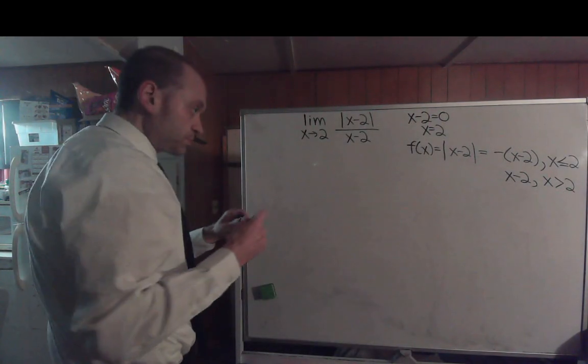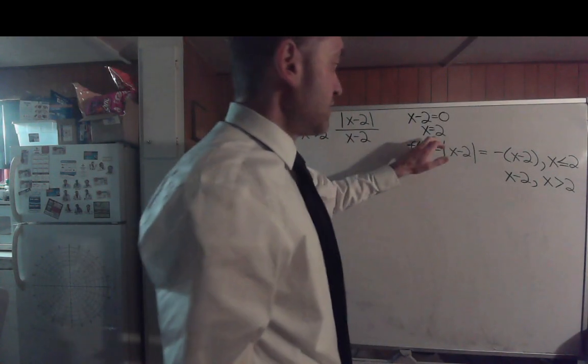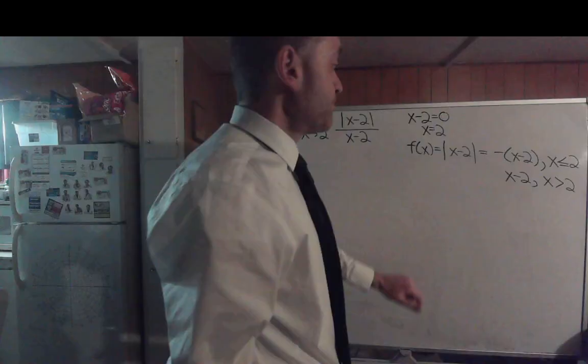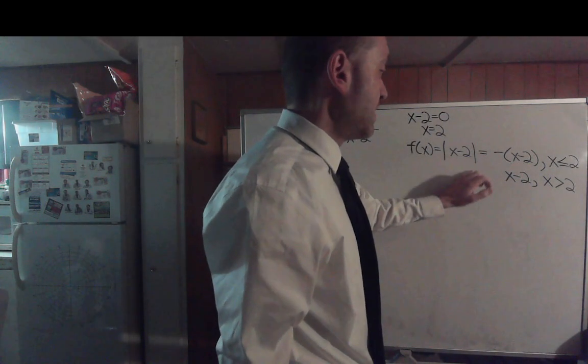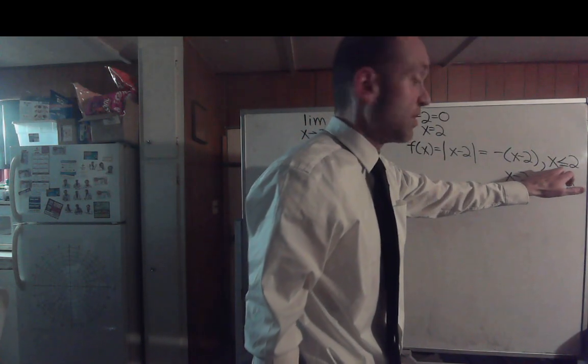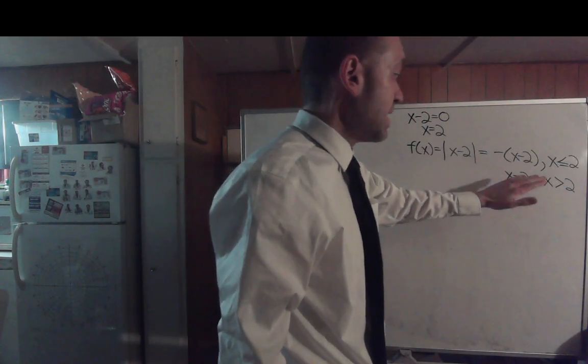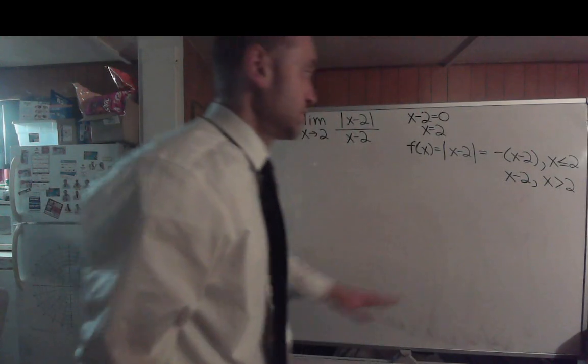So now that you have your breaking point, you can now treat this as a piecewise function where f of x equals the negative of x minus 2 when x is less than or equal to 2, and then it's equal to positive x minus 2 when x is greater than 2.